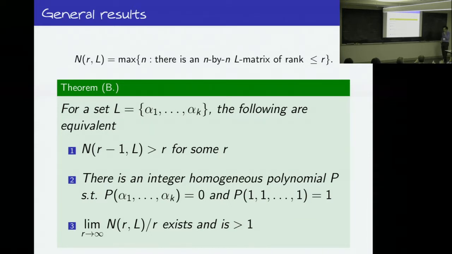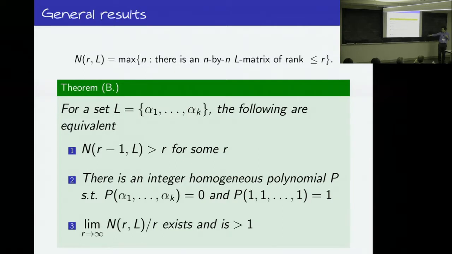Just a comment: if k equals 2, think about alpha 1, alpha 2 as a triangular line, the limit should be infinity. Yeah, so the limit might be infinite.